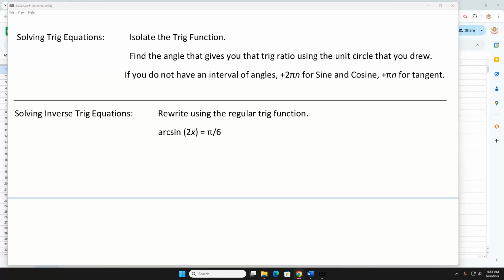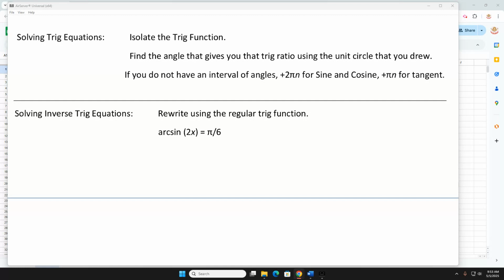So I would highly recommend that at some point during your test you draw a unit circle. I don't know if they're going to take your scrap paper away from you at this point. You might have to draw another one on your free response booklet. I'm not sure. I'll try to look at the directions and let you know.